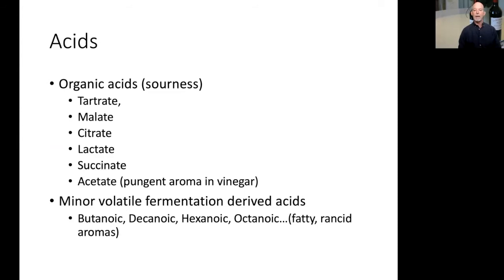Acids, so we have organic acids, which are sour tasting. Some are more sour tasting than others. For example, malate is the acid that's characteristic of malic acid. Malate is just an ionized form or name for malic acid.